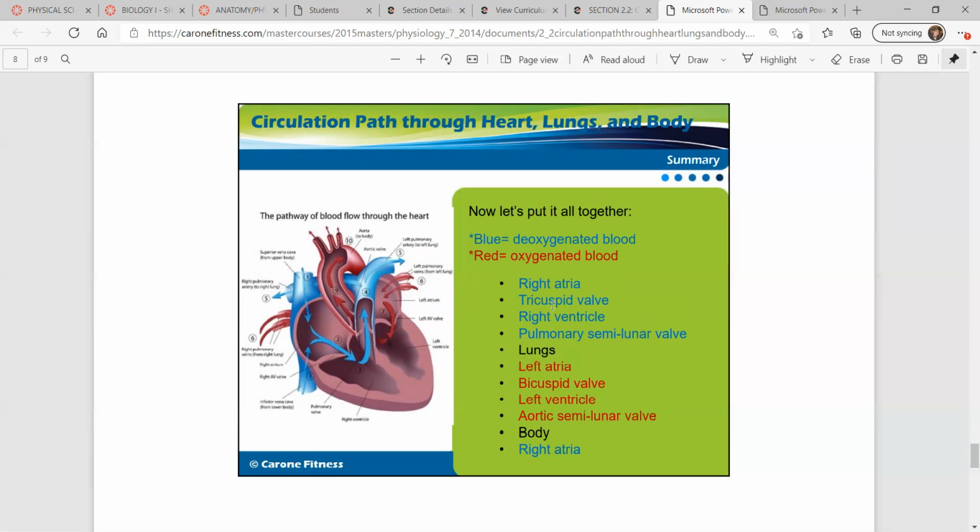So that is all deoxygenated blood. Gets to your lungs, gets oxygenated. Now we go into the left atria of the heart, through the valve, into the left ventricle, through the aortic semilunar valve, and then spread to the body. It oxygenates the body. Now the blood is deoxygenated once again.